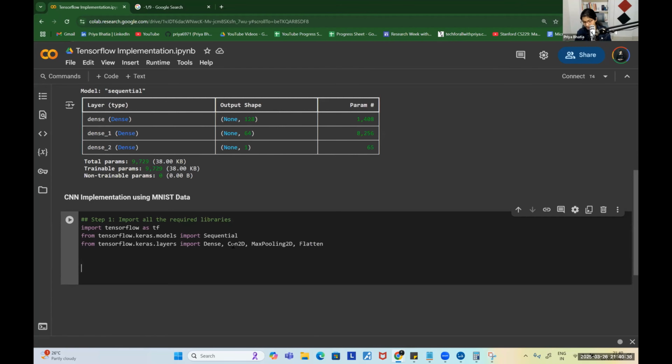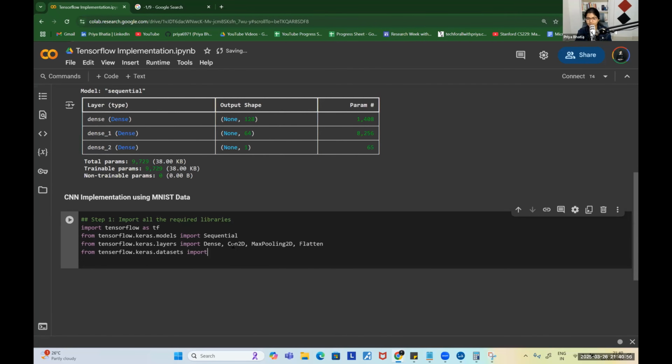We'll just call them. Now we need to load the data. It's an open source data of MNIST. So we can take the data from tensorflow.keras.datasets. Here you can import the data of MNIST. So step one is to import all the required libraries. Step two is to load the data.